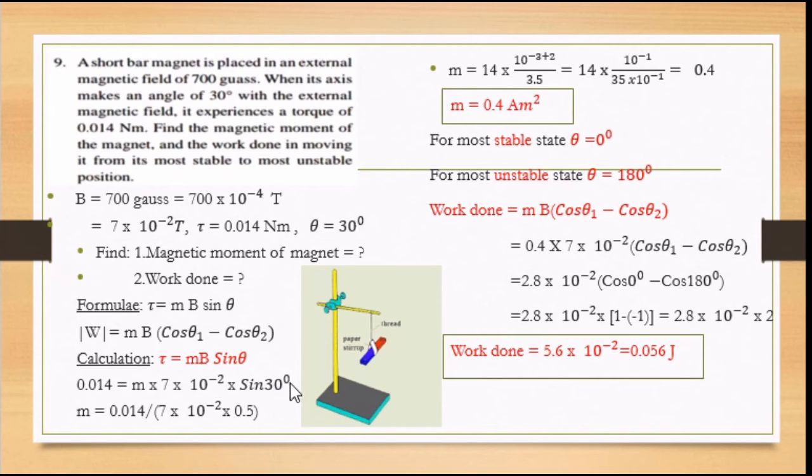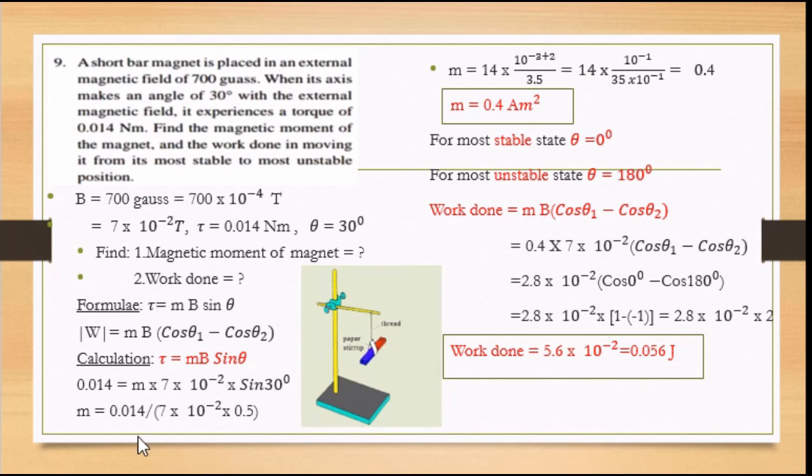The value of sin 30 is 1 by 2, which is 0.5. So m is equal to 0.014 upon 7 into 10 raised to power minus 2 into 0.5.